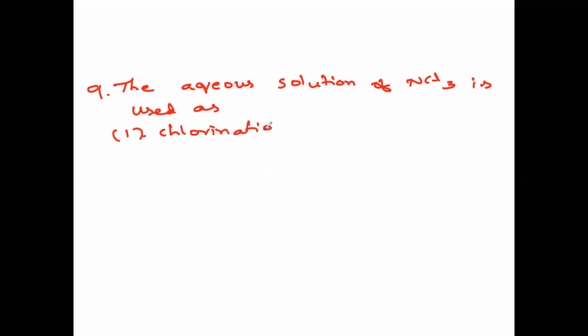Generally, if you have chlorine, you think it is a chlorinating agent, but it's not the right answer. Second option, bleaching agent. This is the right answer because from NCl3 you will get nascent chlorine. So the answer is 2.